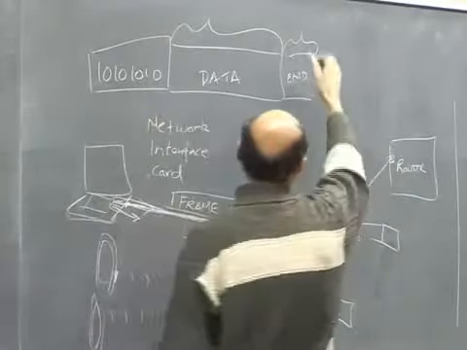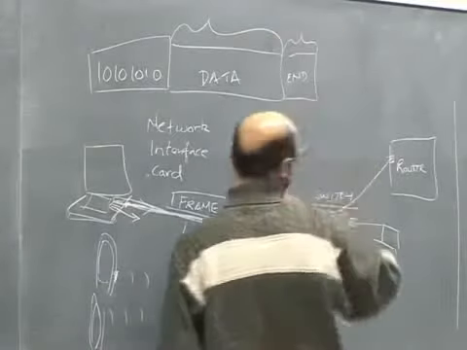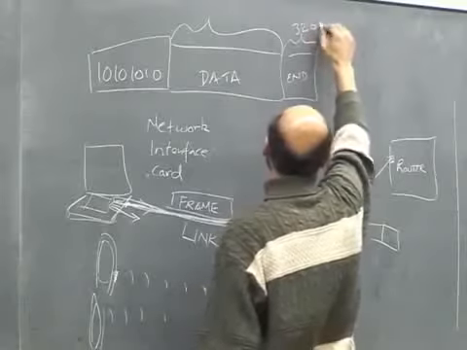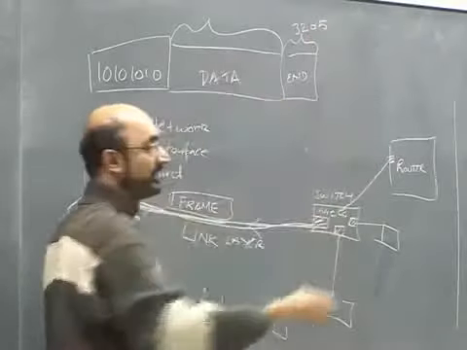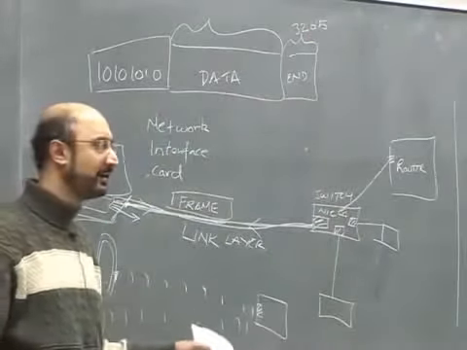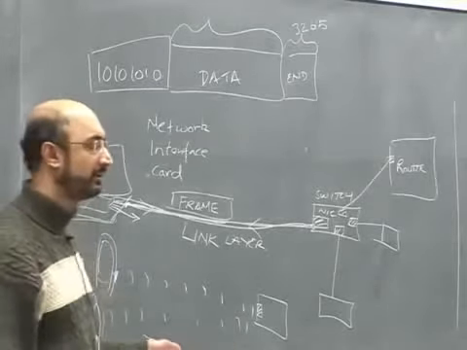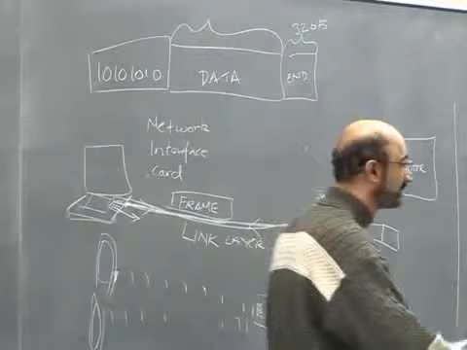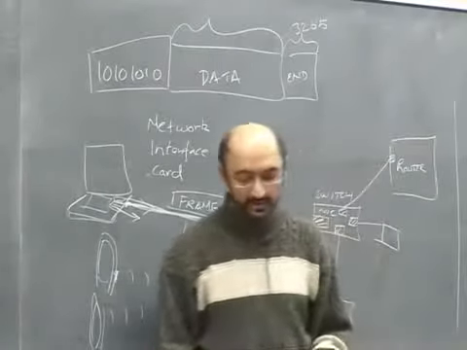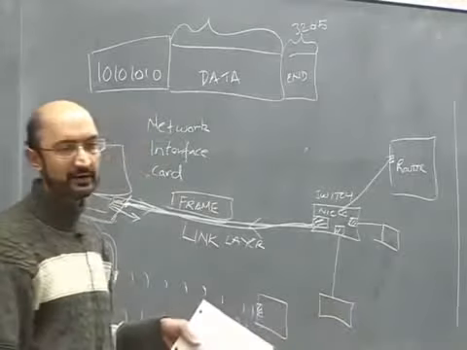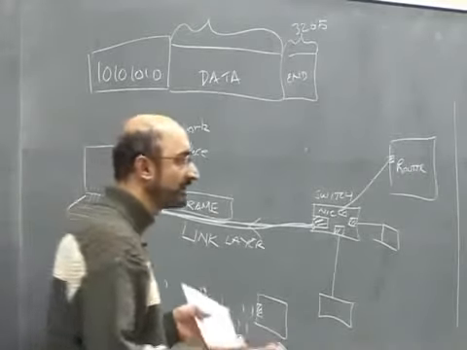There are many different variations, but let's say we add 32 bits such that the whole thing is a multiple of some number. Instead of 7, it could be something else. The receiver takes the whole thing and divides it out, and if the remainder is 0, it says, yeah, everything is fine.